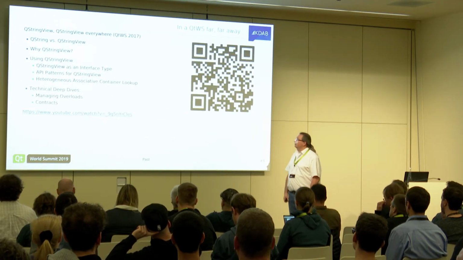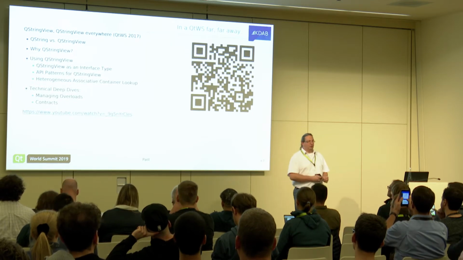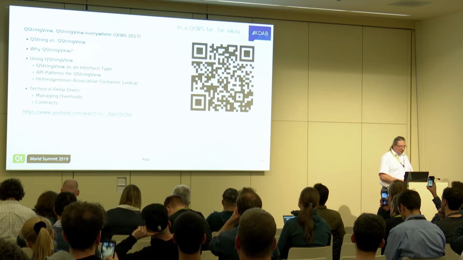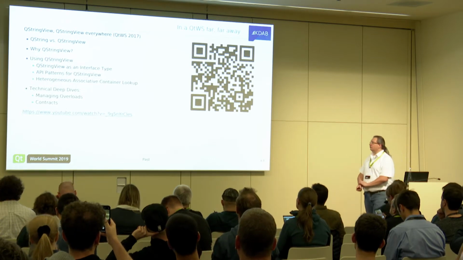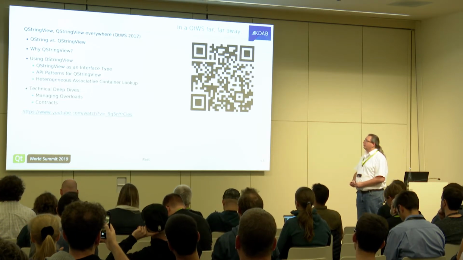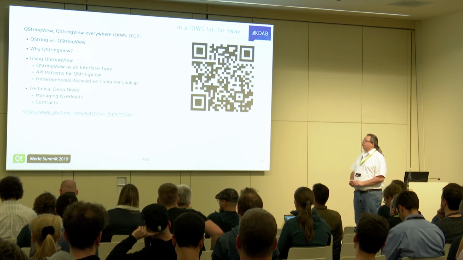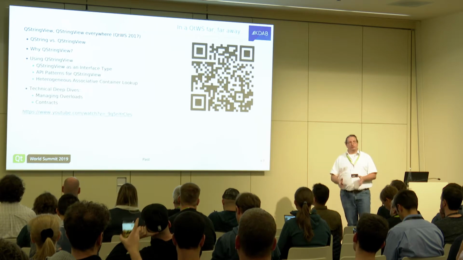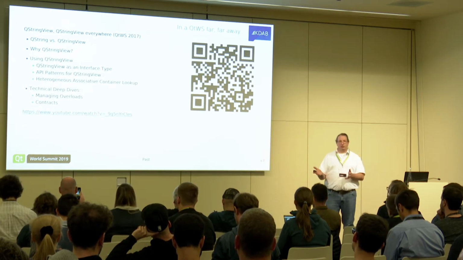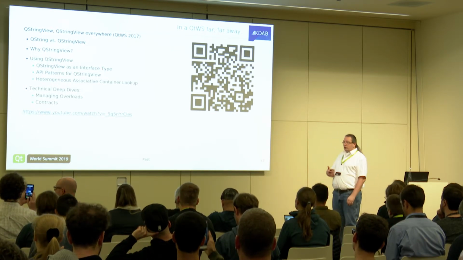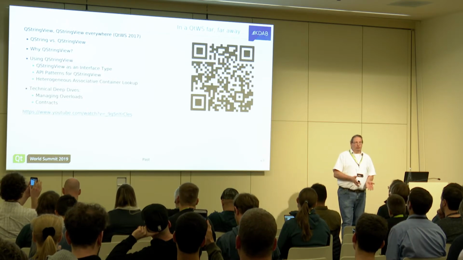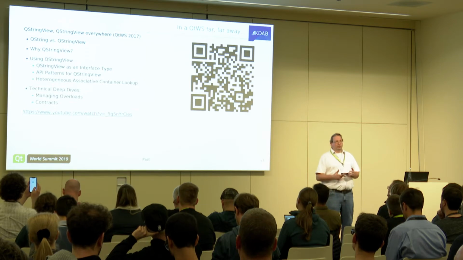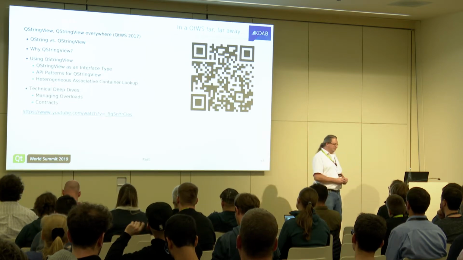Past. I was here 2 years ago and had more or less the same talk, but on different subtopics. Back then it was called string view everywhere. I explained the precise difference between a QString and a QStringView, why you would use QStringView over QString, and how you would use QStringView idiomatically.